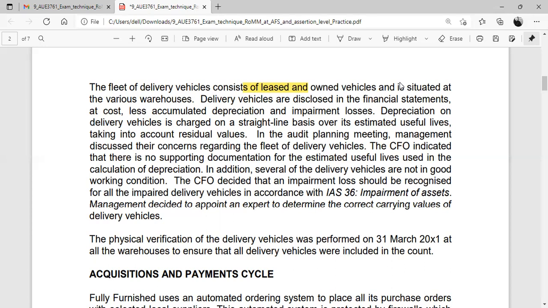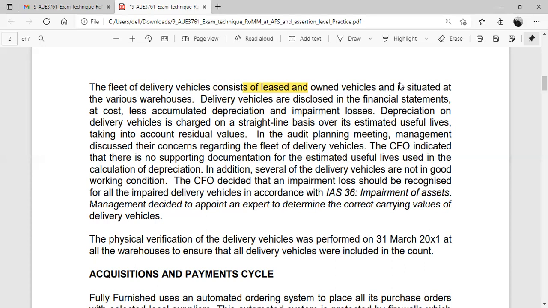Because those are two different assertions. It will be accuracy, valuation, and allocation because we're talking about account balances. Yeah, thank you. That's what I wanted to find out from you. If you just say accuracy there, your lecturer is not going to give you a mark, but you have to go on to say accuracy, valuation, and allocation.